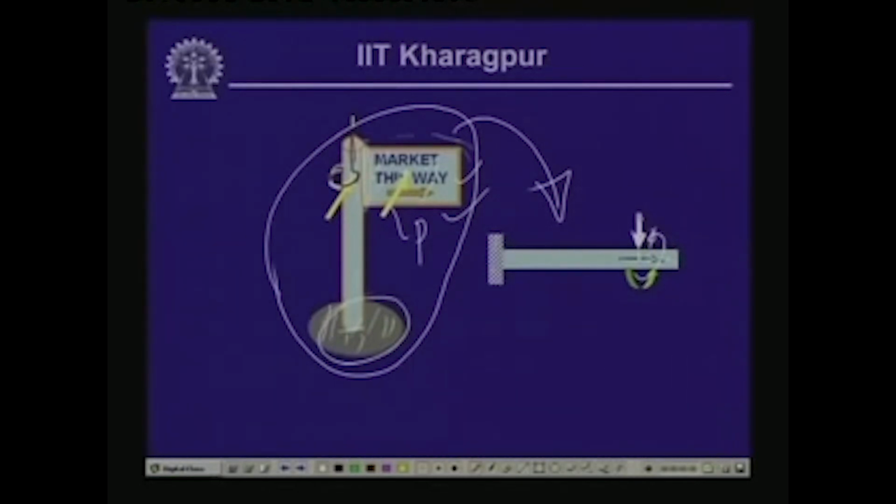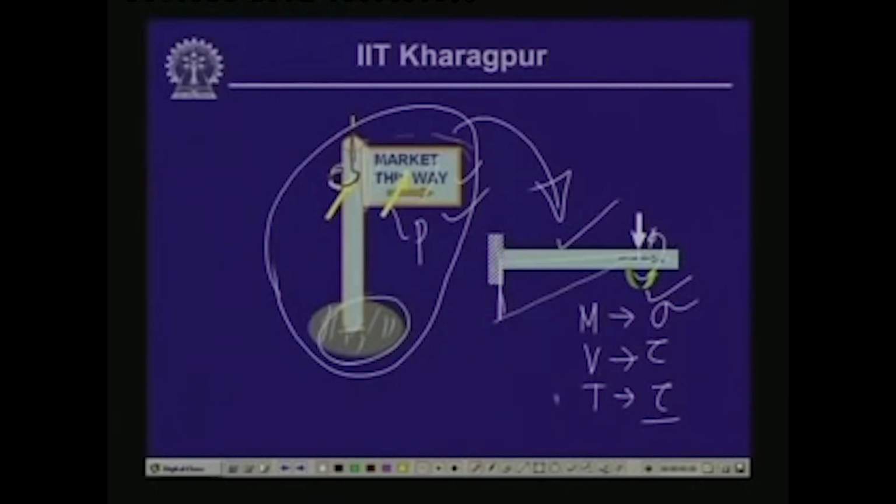Now, because of this transverse load, the beam will be subjected to a bending moment and there will be shear force as well. So, this beam will have the actions of bending moment M and shear force V. Also, we have the twisting moment T, which will give rise to the shearing stress tau; bending will give rise to the normal stress sigma; V will give rise to the shearing stress tau.